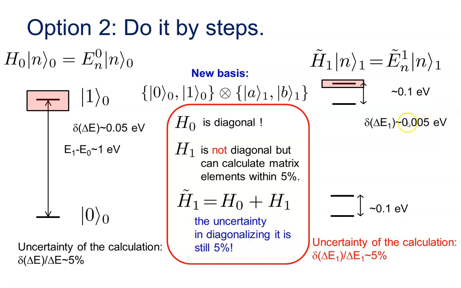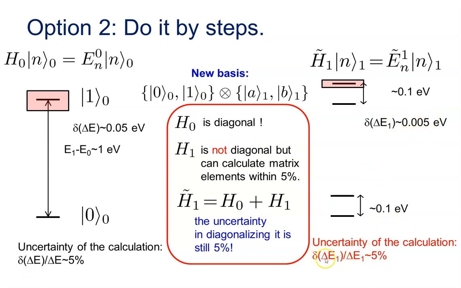But now, instead of an error of 0.05, your error in the diagonalization of this is 0.005. So you improved your resolution, and the only thing that you did is to use the basis that you had calculated before as a new basis instead of using the same basis for H1 as you used for H0. So this approach improved your accuracy.